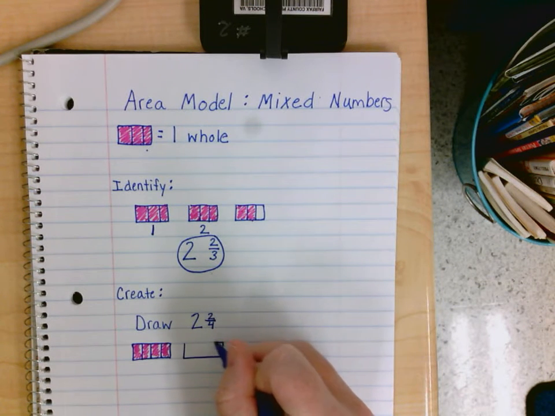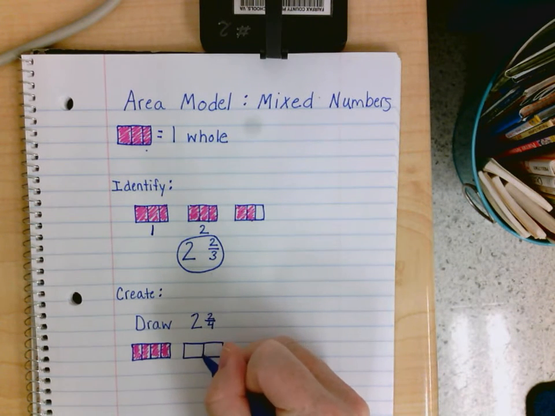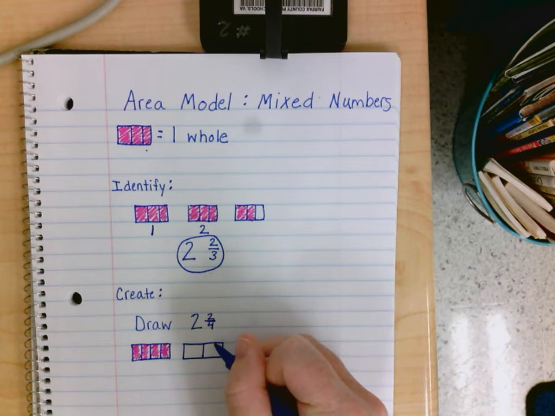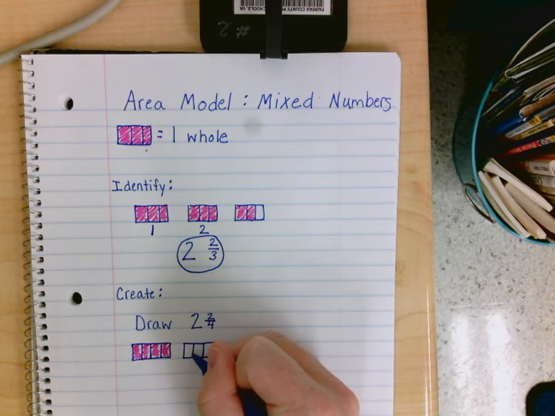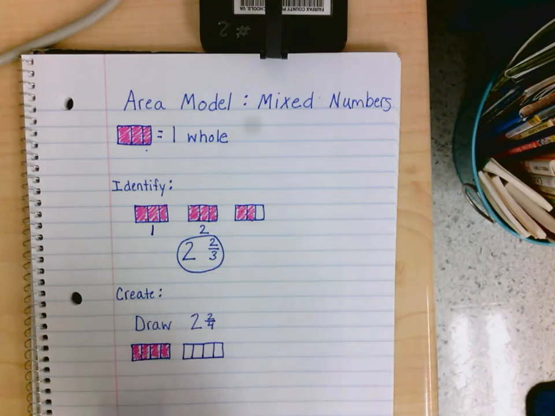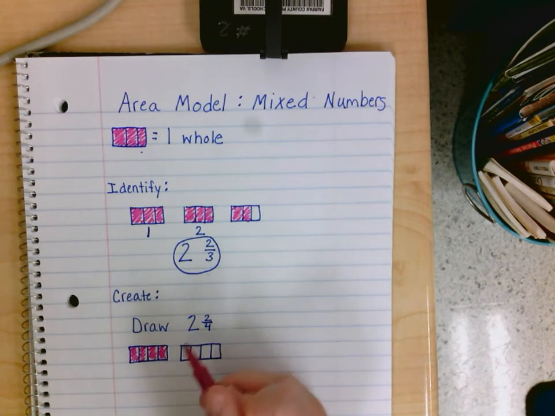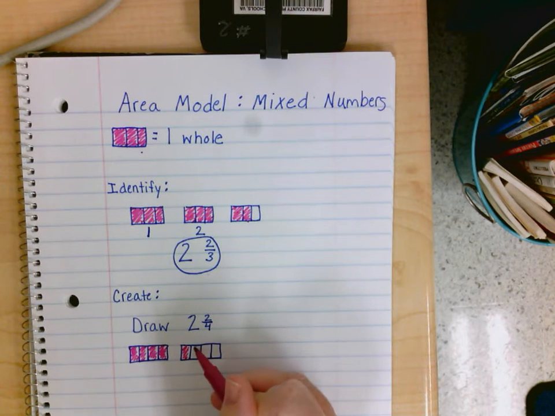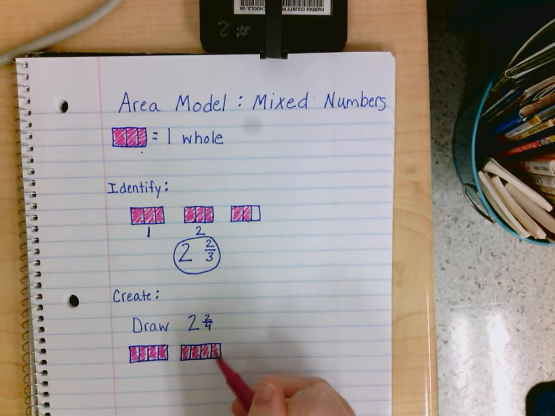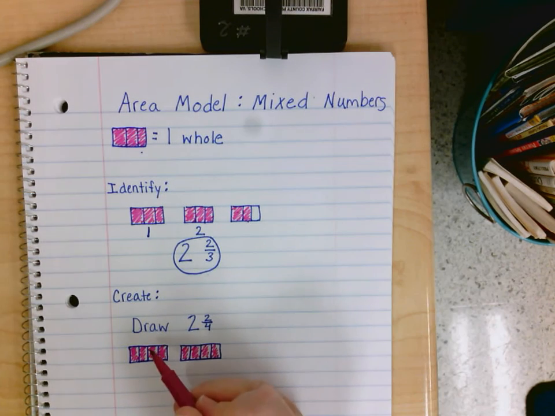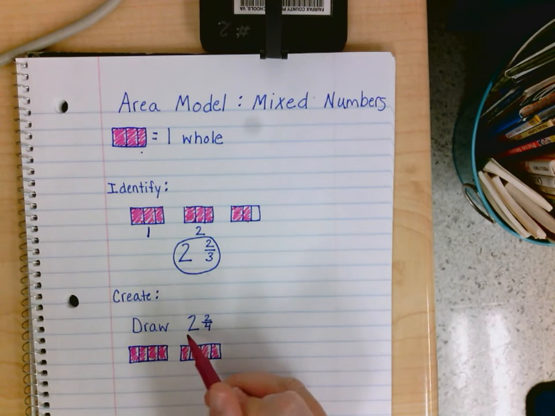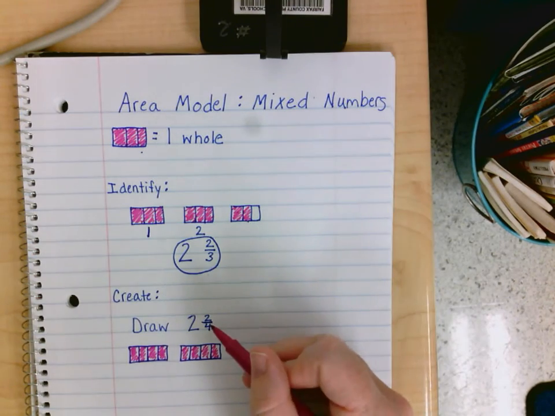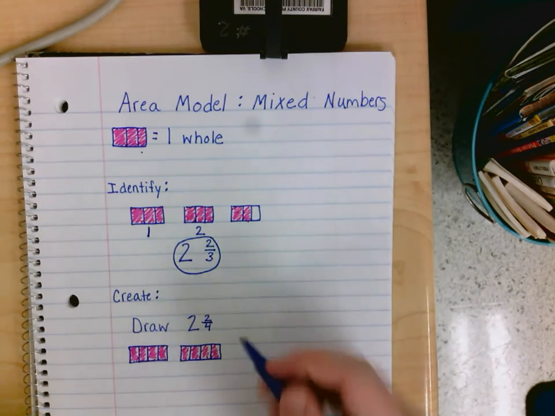I'm going to do another rectangle, divide it in half, and then divide each of those halves in half again to give 4 parts. And I need this one to be a whole, so I'm going to shade 1/4, 1/4, 1/4, 1/4 to make 4/4. So now I have two wholes right here.